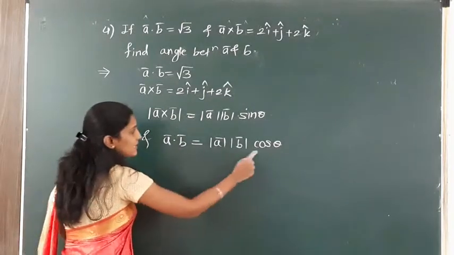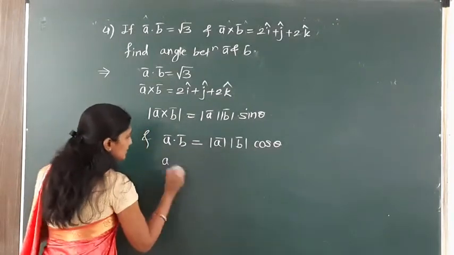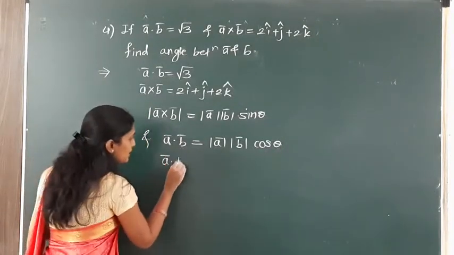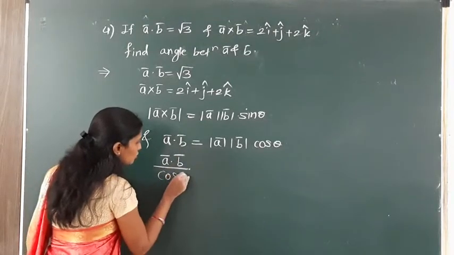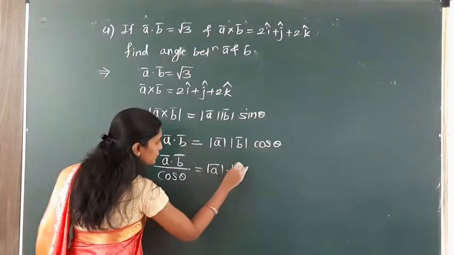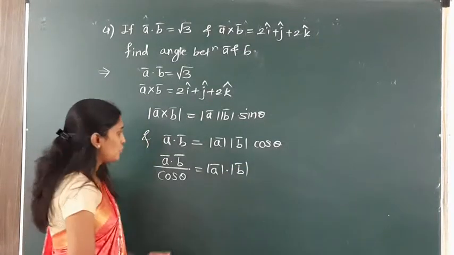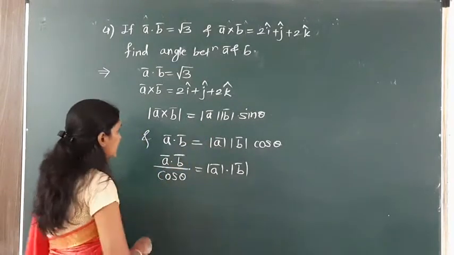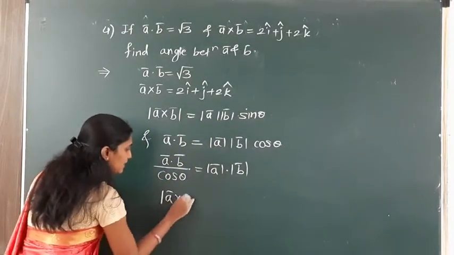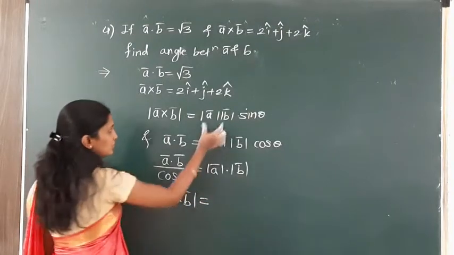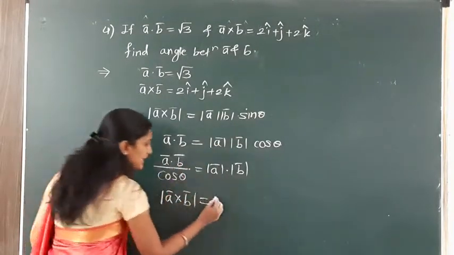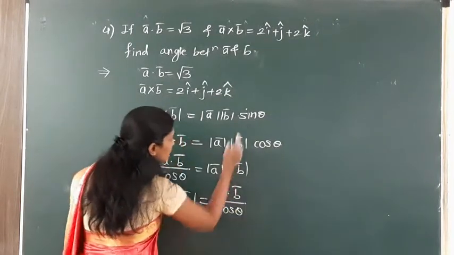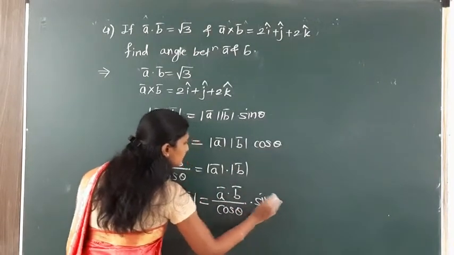Now we rearrange this equation. This cos theta is multiplied here, so it will get divided. That is a bar dot b bar upon cos theta is equal to mod of a bar into mod of b bar. So we place this value in the first equation, and we get mod of a bar cross b bar is equal to a bar dot b bar upon cos theta into sin theta.